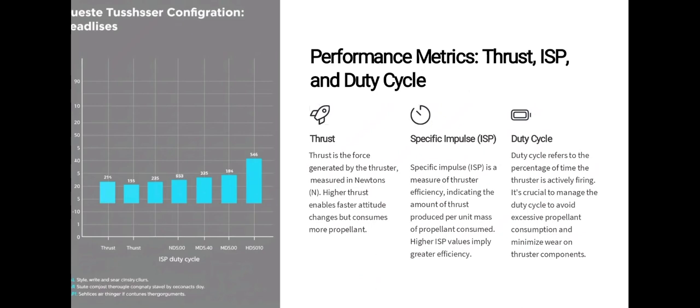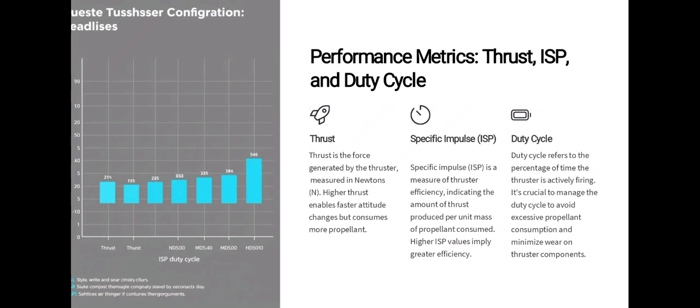Specific impulse. Specific impulse is a measure of thruster efficiency, indicating the amount of thrust produced per unit mass of propellant consumed. Higher specific impulse values imply greater efficiency.